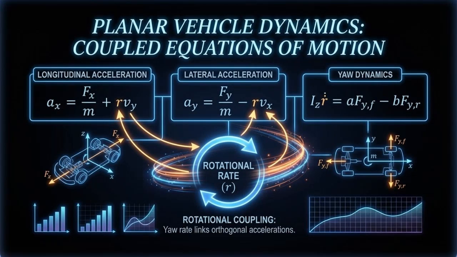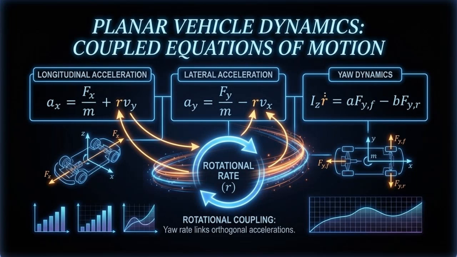We now apply Newton's laws of motion in the vehicle body frame. This results in 3 coupled differential equations that govern vehicle motion. First is the longitudinal acceleration. Spoken mathematically, the forward acceleration equals the net forward force divided by mass plus the product of yaw rate and lateral velocity. This shows that turning motion can influence forward acceleration. Second is the lateral acceleration.